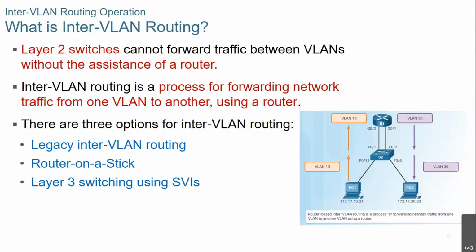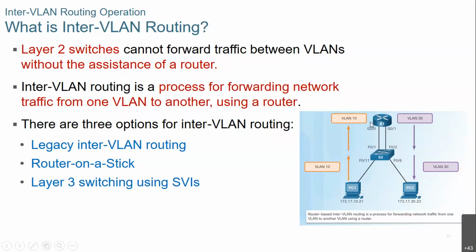So inter-VLAN routing is a process for forwarding network traffic from one VLAN to another using a router. If you look here, PC1 is in VLAN 10, PC3 is in VLAN 30. If PC1 wants to ping PC3, for example, it has to have the router over there to do the routing.